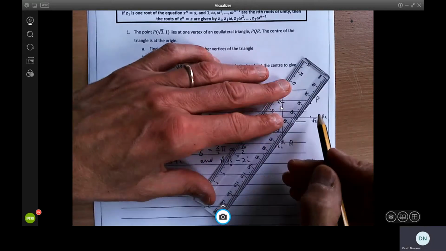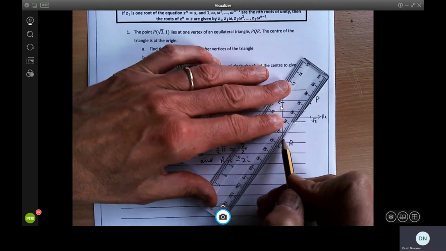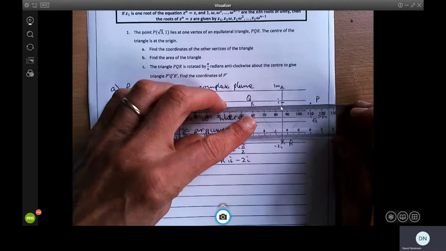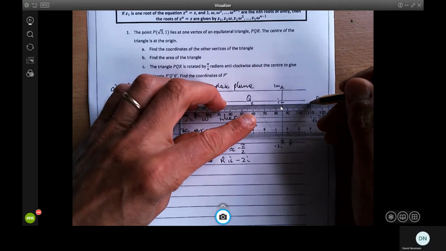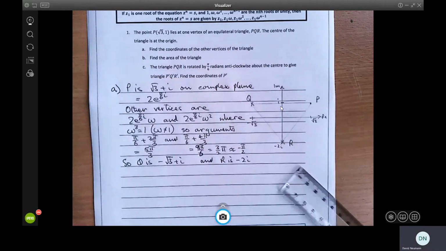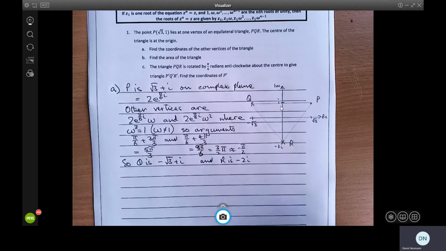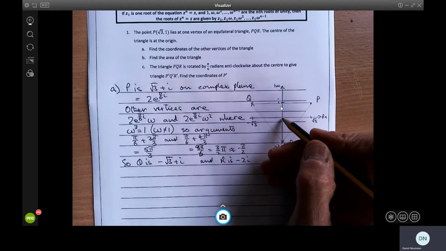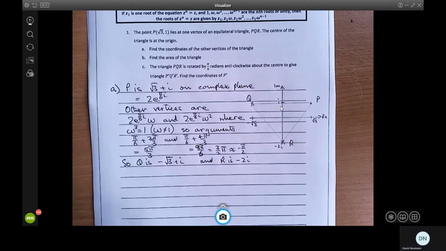This only works, of course, for regular polygons. So the fact that we know it's an equilateral triangle with its center at the origin allows us to do this.